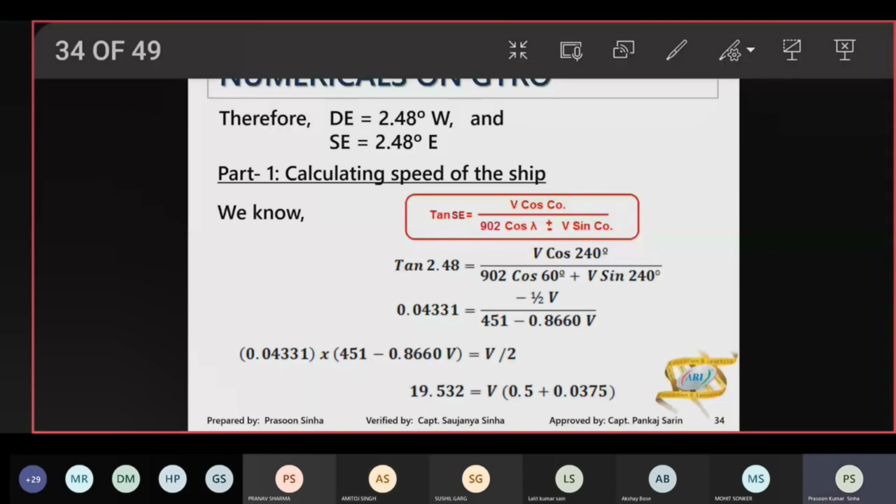Do you see that the value is negative? That means it is going to be easterly. Also at the bottom, in the denominator part, you are seeing minus because the course is westerly. 240 is westerly course.